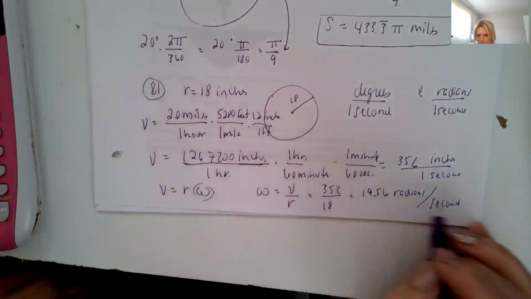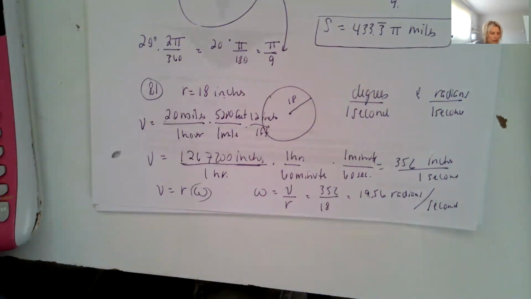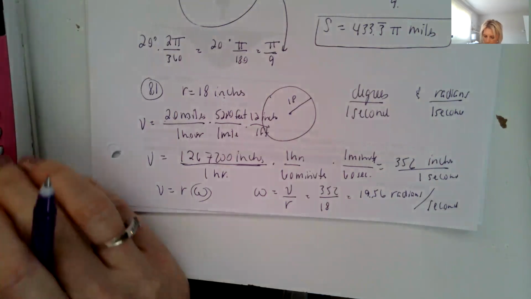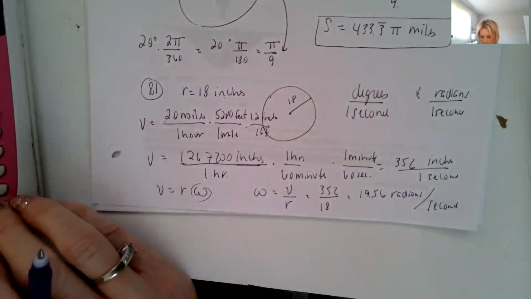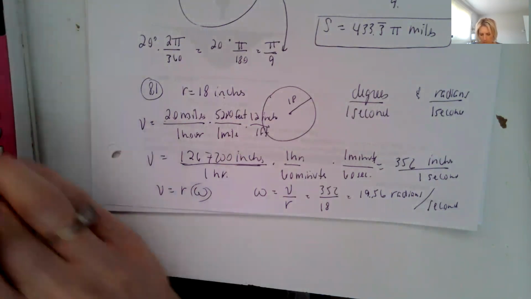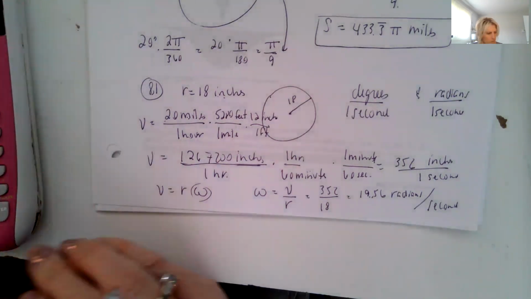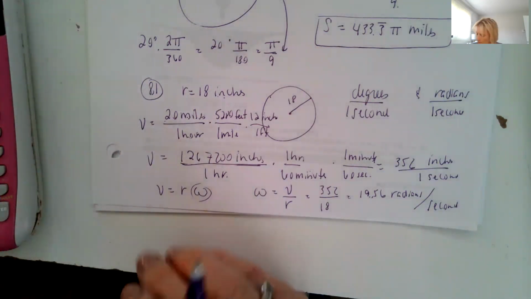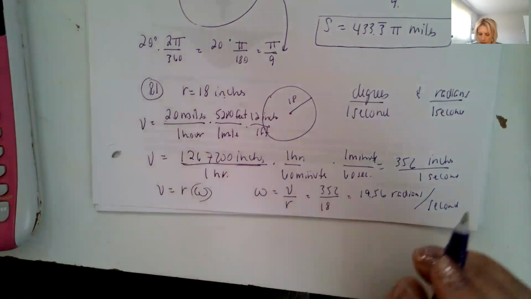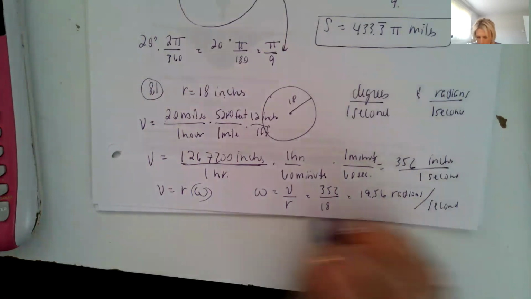If we want to turn that into degrees, we can multiply by 180 over pi.